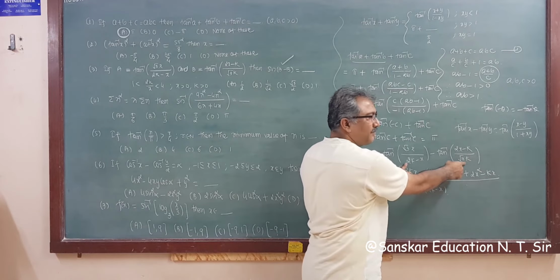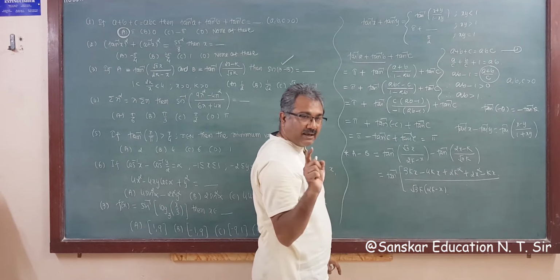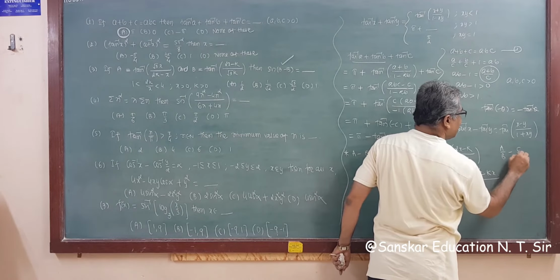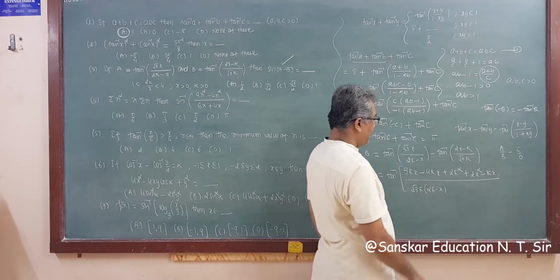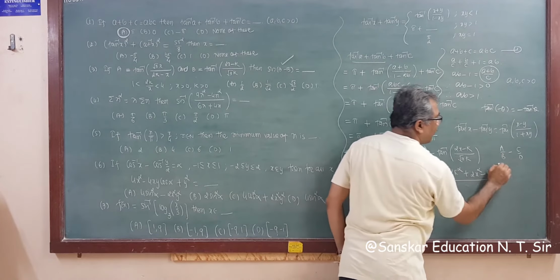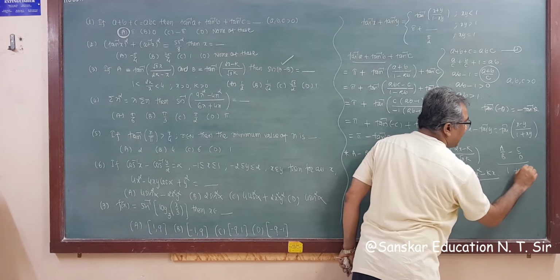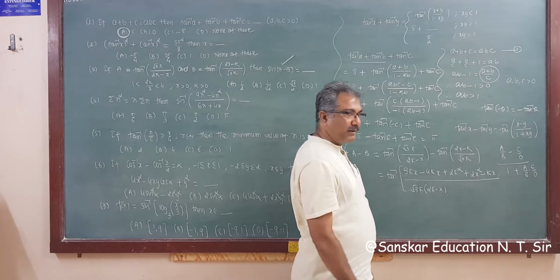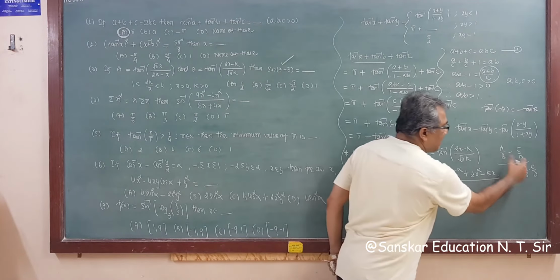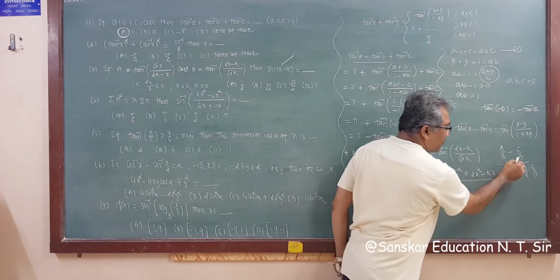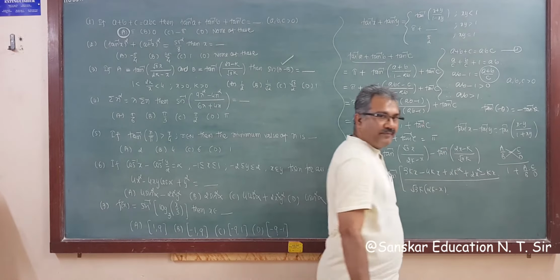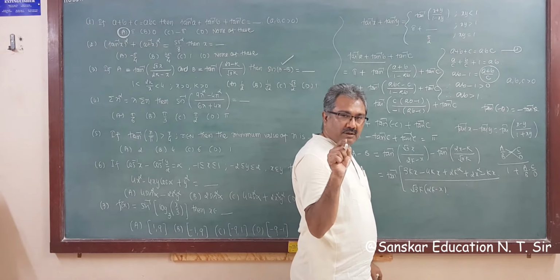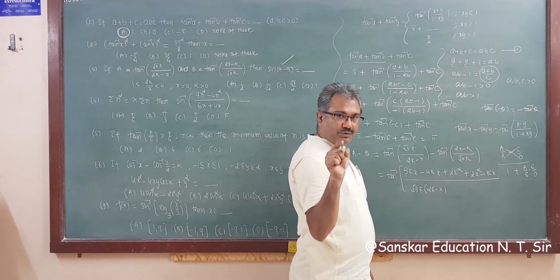So remember, suppose this is a upon b minus c upon d. This is x and this is y, whole upon 1 plus ab into cd. This is your answer. So this bd is LCM. So what you have to do? AD minus BC. So I am telling you what to remember.